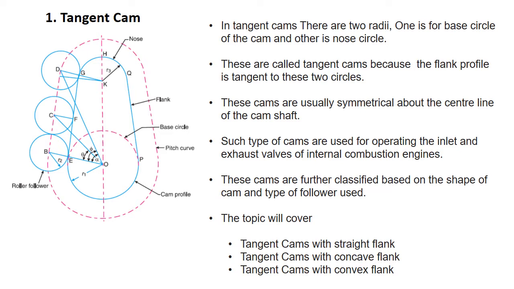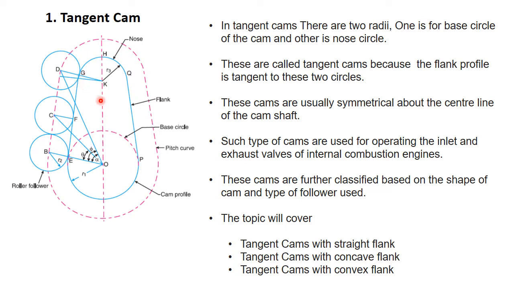Now what is tangent cam? As you have seen, the cam has the base circle. So in this case there are two circles. One is the base circle of cam and second is the base circle of nose. So this is the base circle of cam and this is the circular arc of the nose.